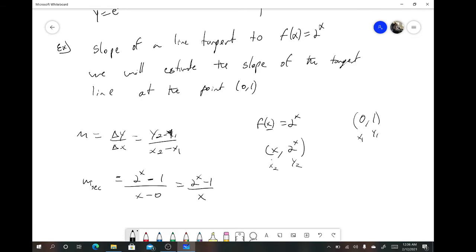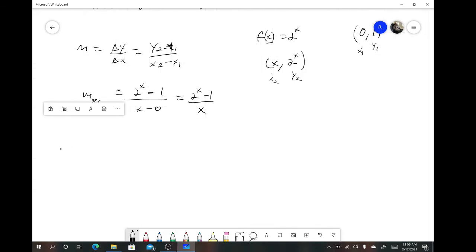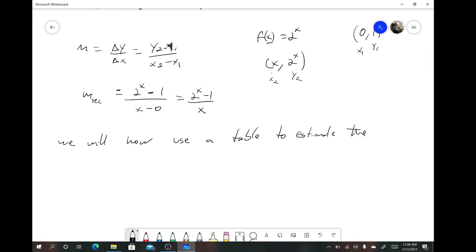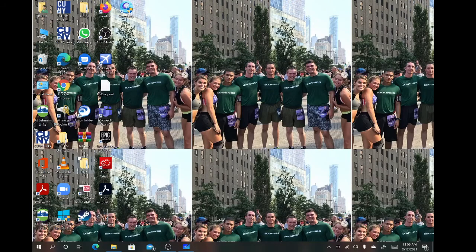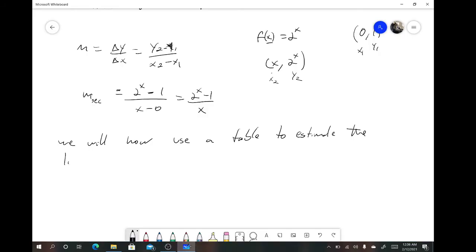Now that we have this, we could let x approach 0. We will now use a table to estimate the limit of f of x as x goes to 0.